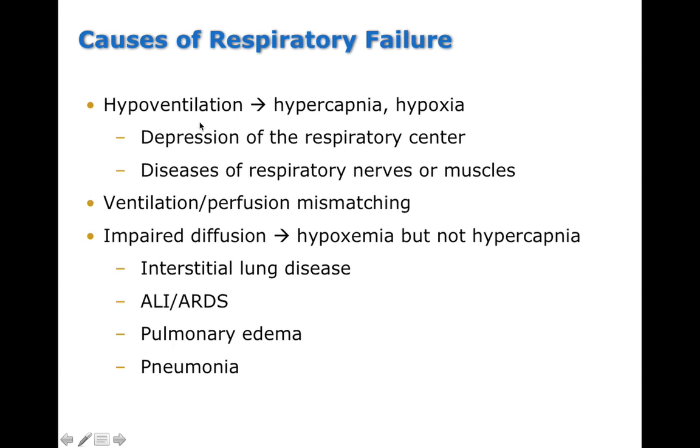This could be neuromuscular. This may come from depression of the respiratory centers or inhibition of the respiratory nerves and muscles. In fact, it came out recently that the leader of North Korea, Kim Jong-un, killed his half-brother in Malaysia using a nerve agent. This particular type of nerve agent inhibits the enzyme acetylcholinesterase, which you use to break down acetylcholine.